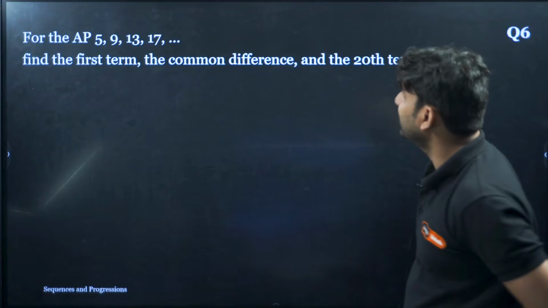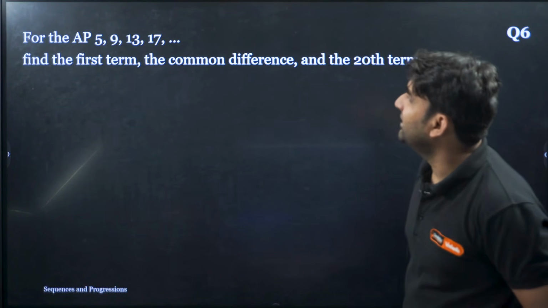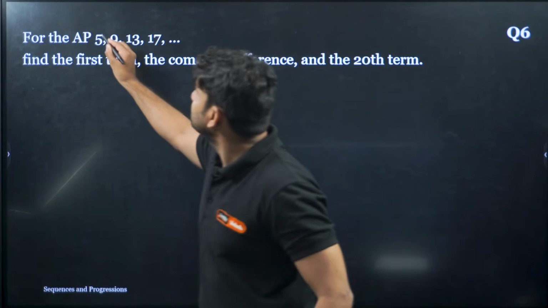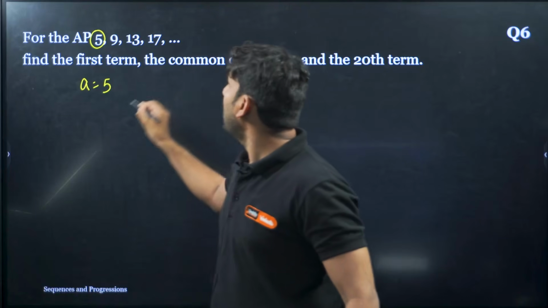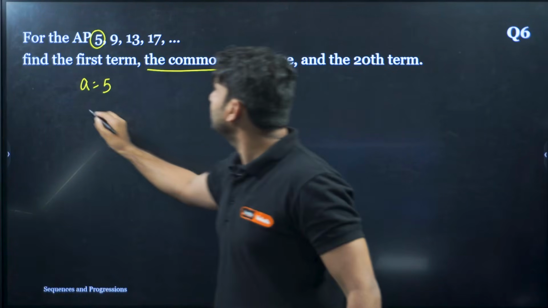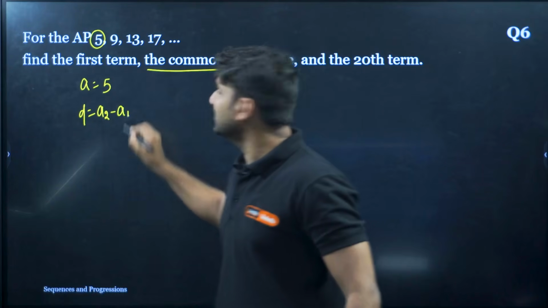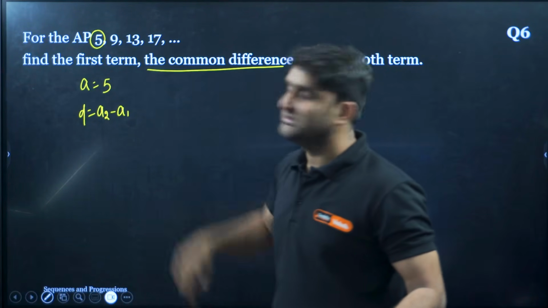Question number 6. For the AP 5, 9, 13, 17, find the first term. Very easy. So this is called first term, guys. So the first term will be 5. Now find the common difference. So what is called common difference, guys? You can calculate A2 minus A1 or A3 minus A2 or A4 minus A3, whatever.